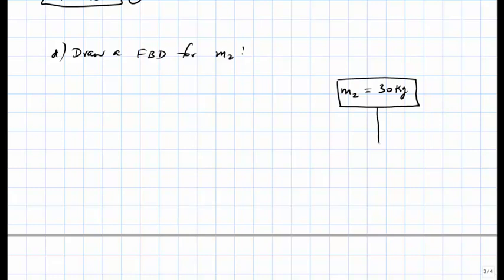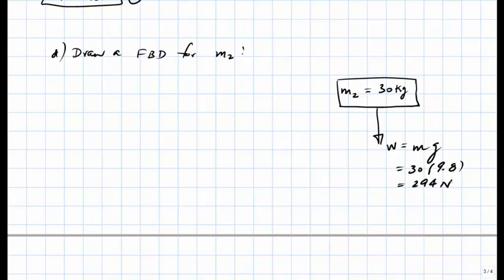So here's the weight vector. Like before, the weight equals mg, which is mass times gravitational acceleration. The mass in this case is 30. G is always 9.8. And that results in a weight of 294 newtons.